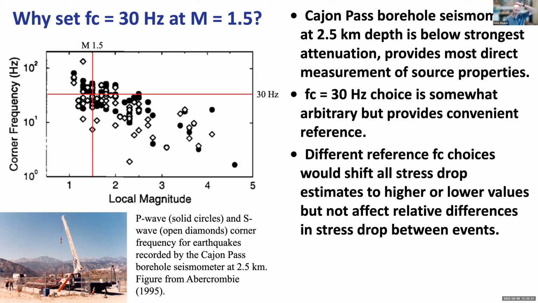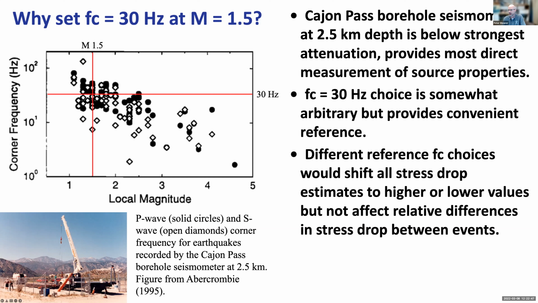Very quickly, why did we choose 30 hertz at magnitude 1.5? It goes back to data from the Cajon Pass borehole, which was collected during the 1990s. And this was a deep borehole at 2.5 kilometers depth into granite.